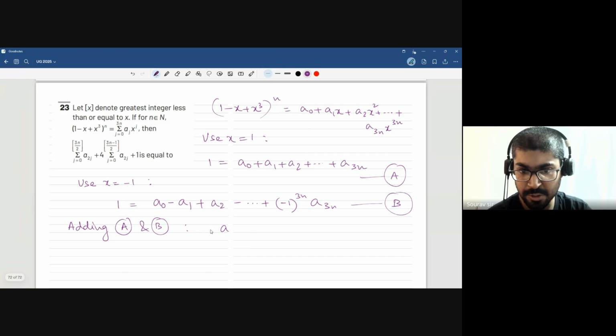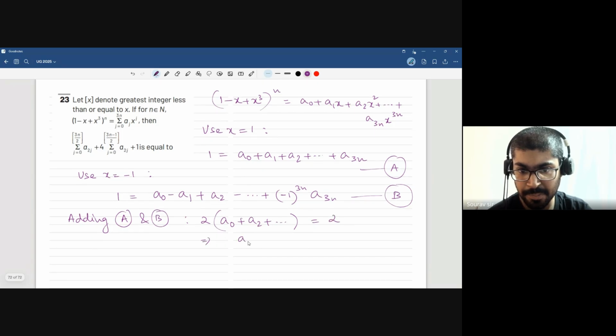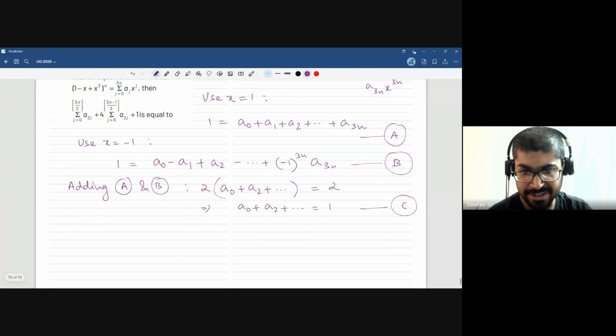So twice of a0 plus a2 plus dot dot dot. This will give 2, because we are adding them. So that means a0 plus a2 plus dot dot dot is equal to 1. Okay, call this C. Now you can subtract b from a.